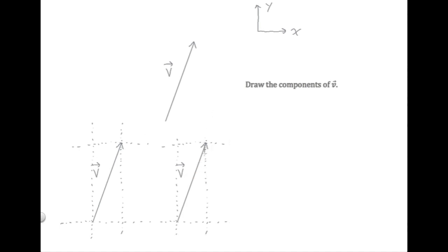So we could say that this is the y component. This is the x component. Those are all supposed to be straight lines. Did you remember to put in notation? Here's the notation for our x component. Here's the notation for our y component.